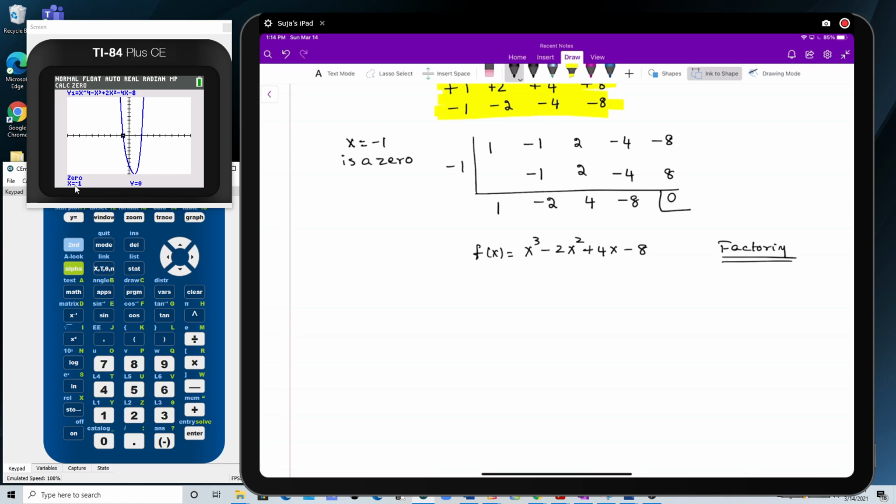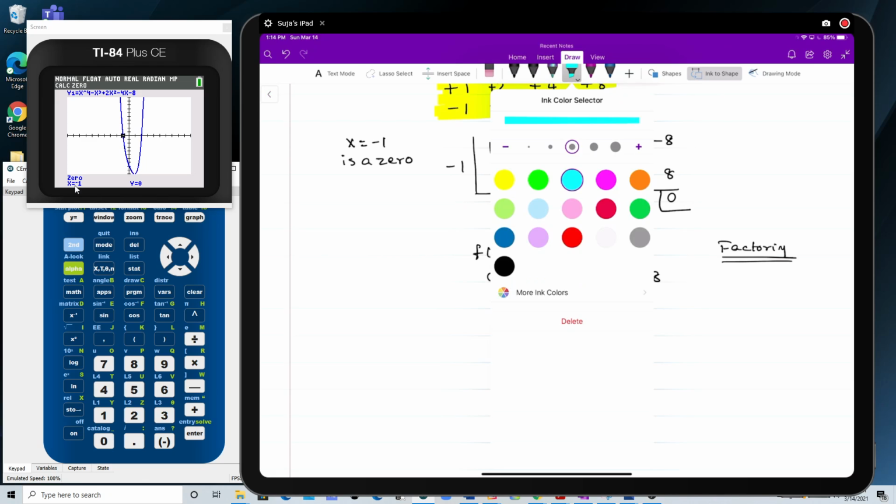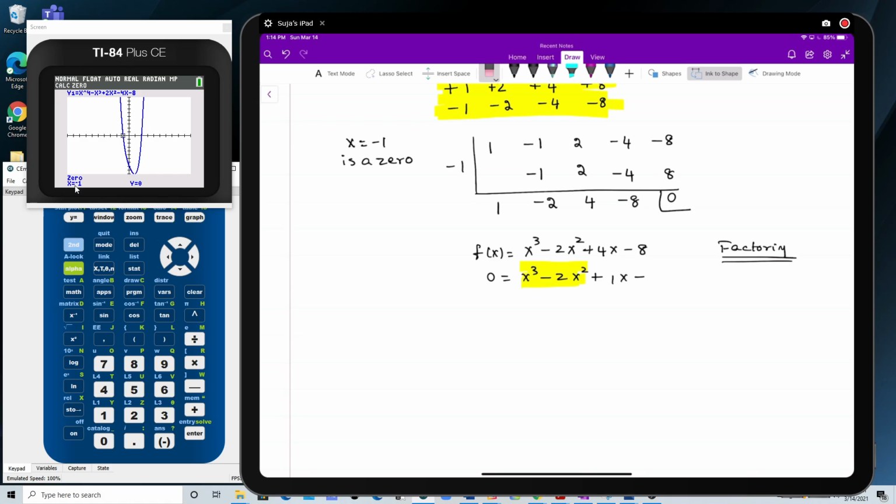So let me try factoring first, and if it doesn't work, I'm going to come back and start this process all over again. So 0 is equal to x cubed minus 2x squared plus 4x minus 8. I've learned in factoring that if I have 4 terms, I have to think of grouping. So I'm going to group the first two together and the last two together: 4x minus 8.